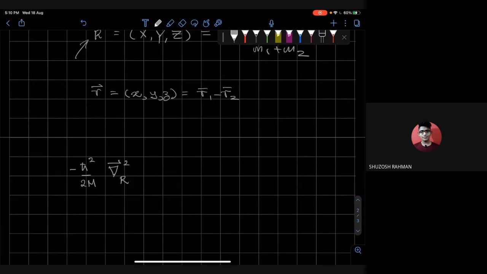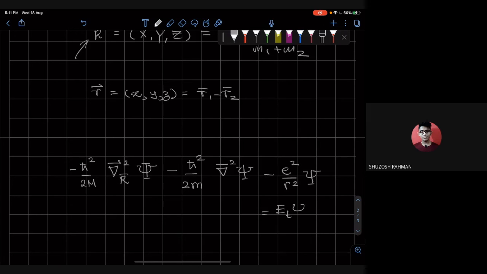So that's why I'm writing it as R, acting on the wave function. And then there will be another kinetic term, h squared by 2 small m, and then another Laplacian operator acting on psi, minus e squared by r psi equal to E_T of psi.